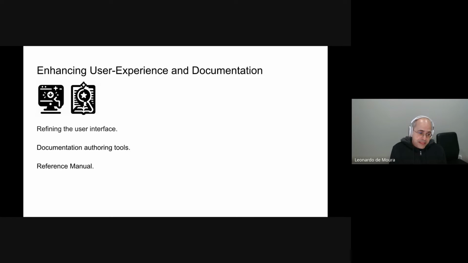User experience and documentation. We're trying to refine the user interface, make sure that the VS Code plugin works better. We add all the missing features. There are many missing features there, features that people expect. Documentation authoring tools: David is working on them, and we've had sneak peeks.